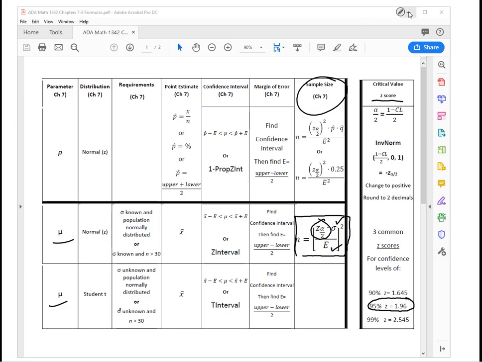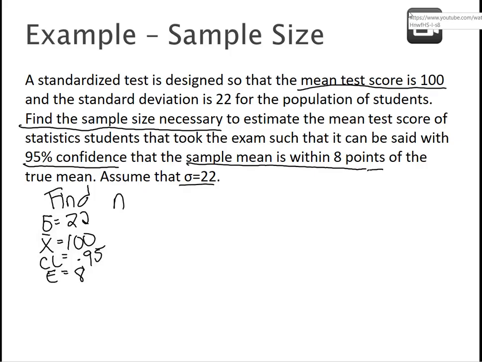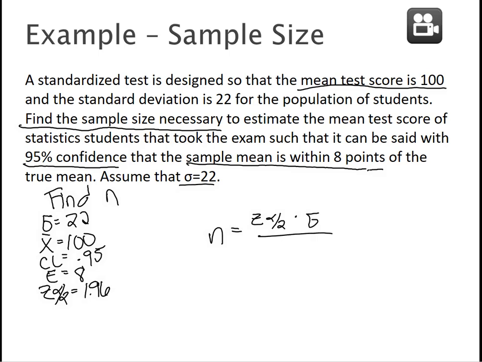All right, so let's record that. So I know that z alpha over 2 is 1.96. Otherwise, you would look at that table and use the calculator functions. And then n is z alpha over 2 times sigma divided by E, and that whole quantity is squared.